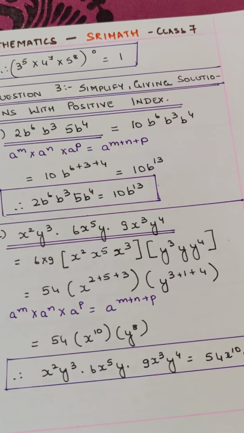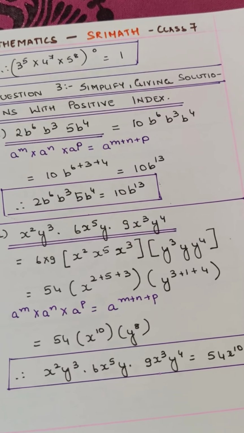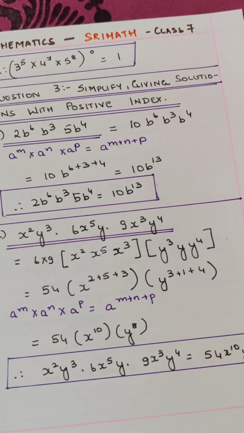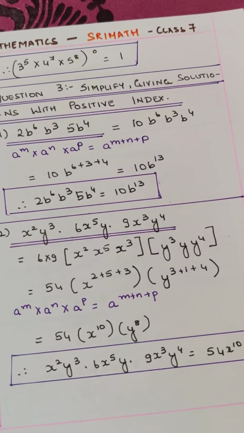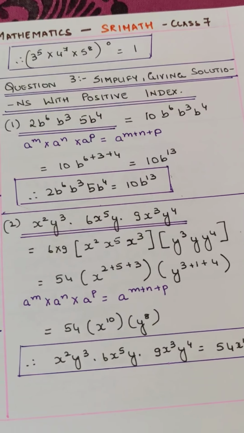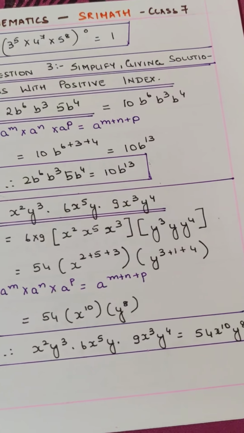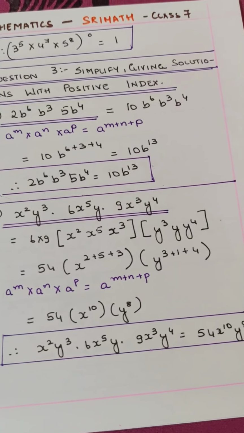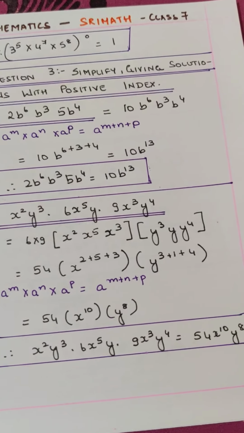Take x separately and y separately. x to the power of 2 plus 3 plus 5 into y to the power of 3 plus 1 plus 4. So when you solve it, you get it as 54 into x to the power of 10 and y to the power of 8, because 3 plus 1 plus 4 is equal to 8.